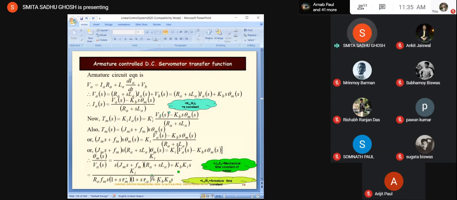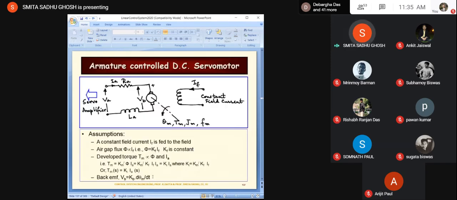So now what we are going to do is derive the component equations, which would finally be used to find the transfer function of this motor. When we speak of the transfer function over here, the input quantity, as I have already mentioned, and as you can obviously see, is VA, that is the armature voltage which is being applied.